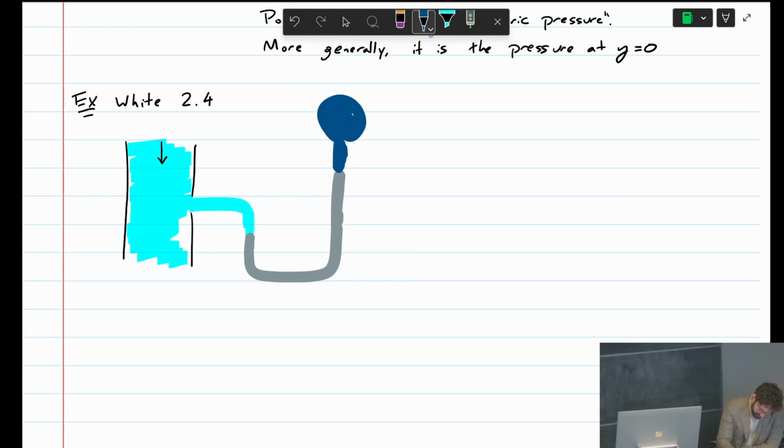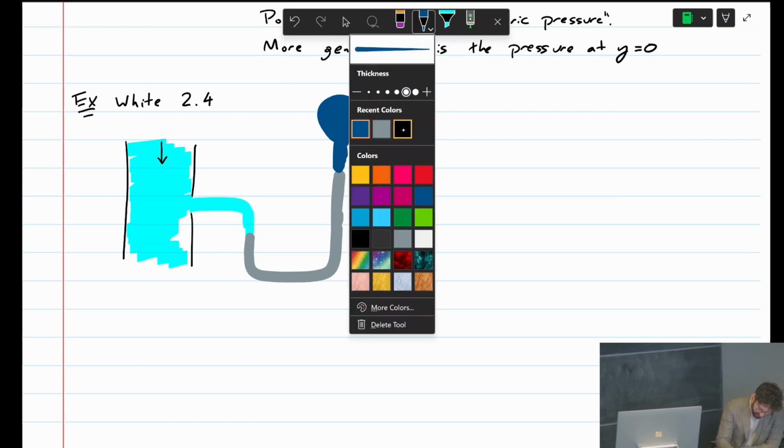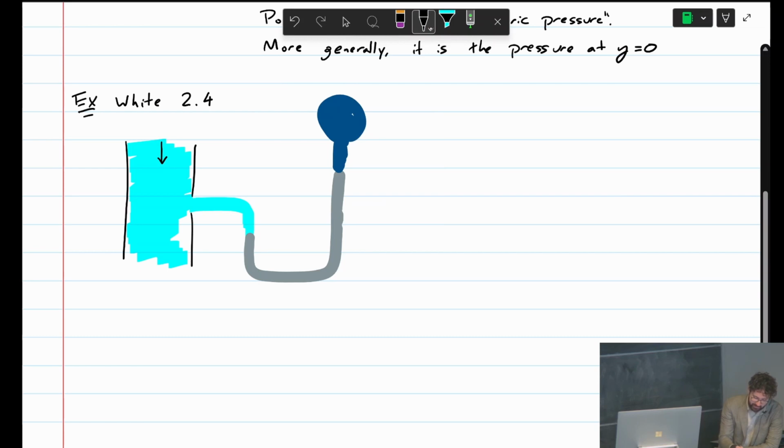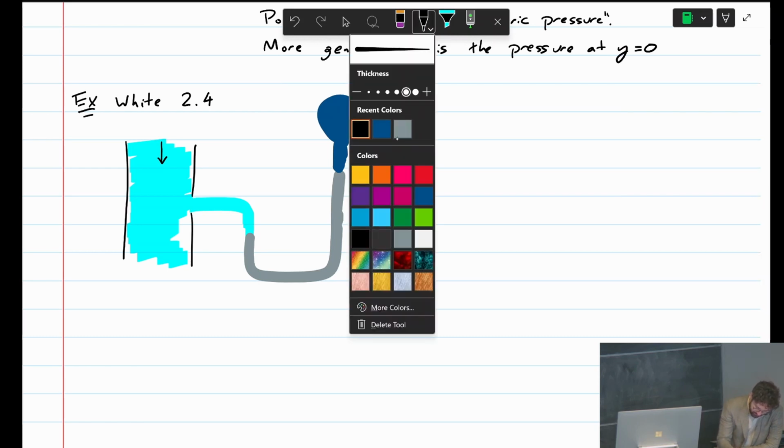So let's say we have, I'm not going to draw the lines, but these are basically tubes with these three different fluids in them. And I'll give you some height differences here.